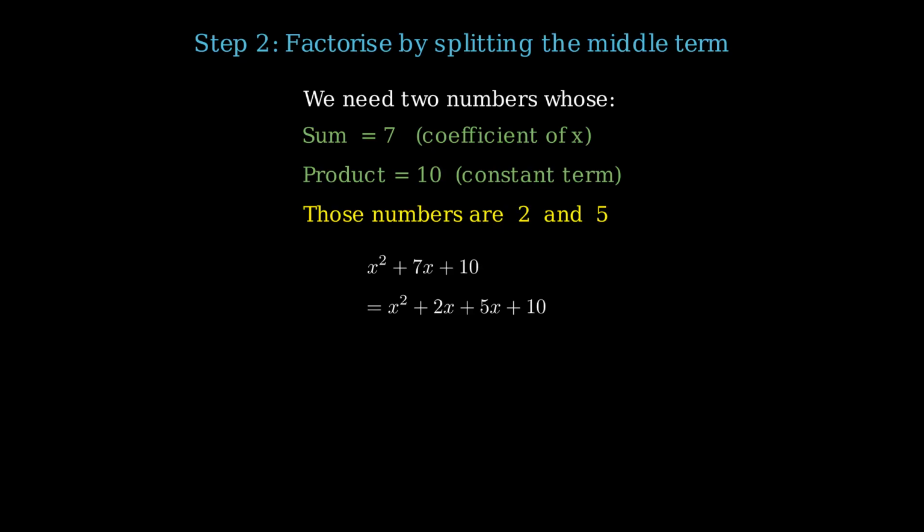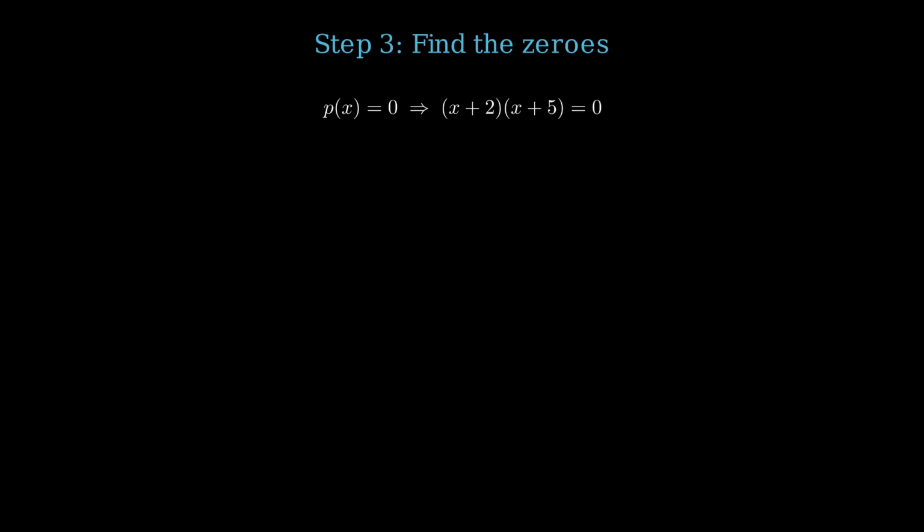Now we split the middle term: x squared plus 7x plus 10 equals x squared plus 2x plus 5x plus 10. Grouping, x times x plus 2, plus 5 times x plus 2, which gives x plus 2 times x plus 5.